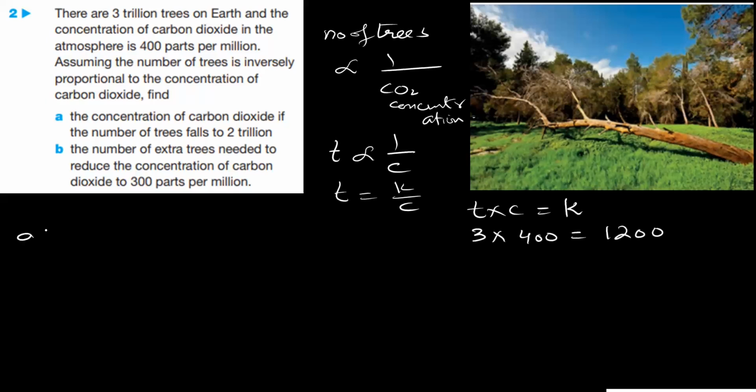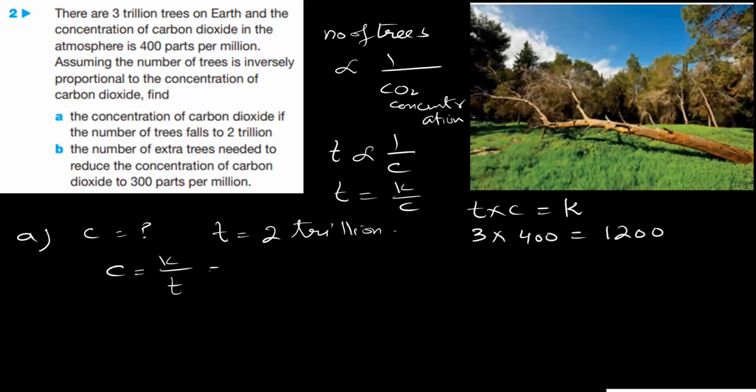Question A states the concentration of carbon dioxide if the number of trees falls to 2 trillion. This means we need to find the concentration and we know the number of trees is 2 trillion. So we know the formula, C is equal to K upon T, right?